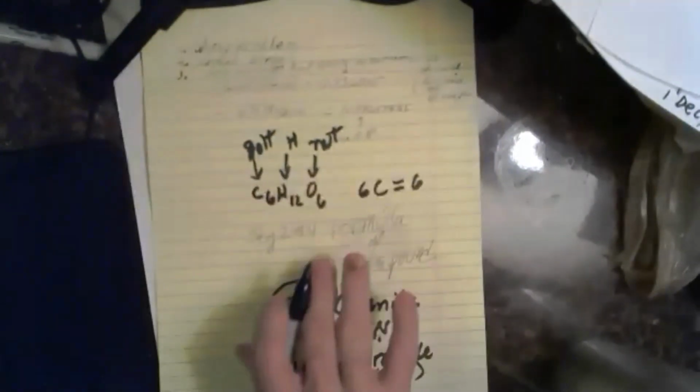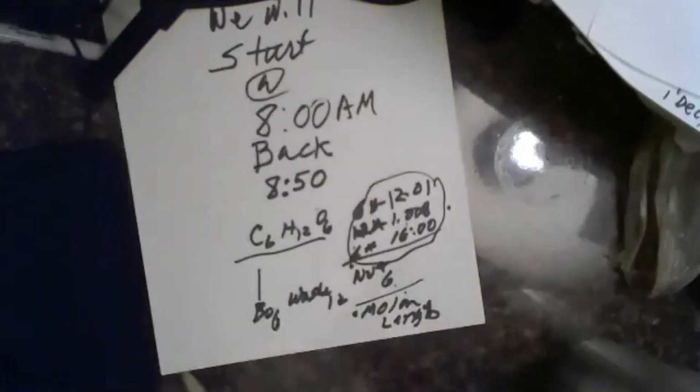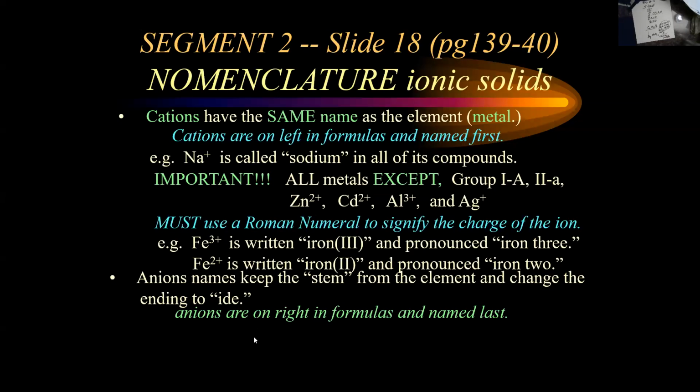So the IDE ending on those, there is a reason for that, and the reason is that those compounds actually behave the way the chlorides, what we call halides of group 7, behave. They will form all the same compounds. Cyanide and hydroxide will form all the same compounds with the same kind of formula that chlorine would.